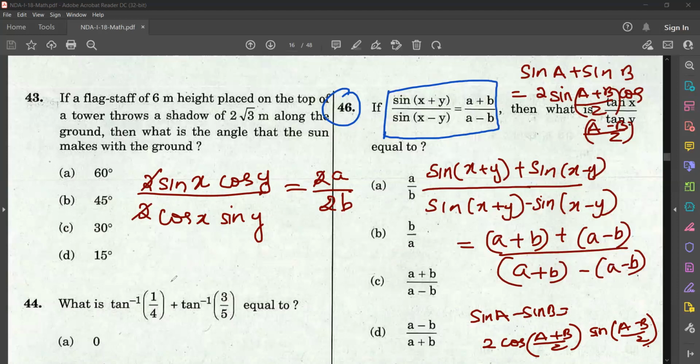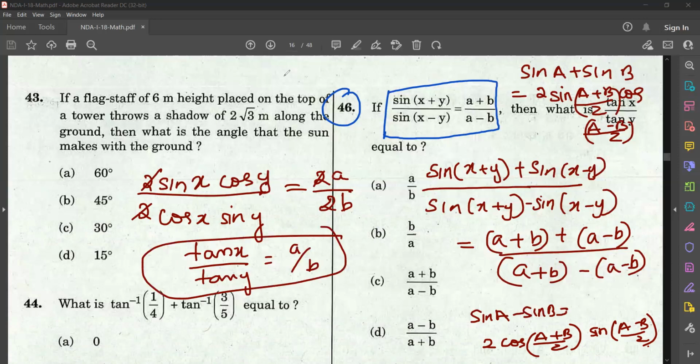What will you get? Tan x divided by tan y is equal to a by b. Option A. Because sin by cos is tan, and here cos by sin becomes cot, so taking that to the denominator it becomes tan y. So tan x by tan y is equal to a by b.